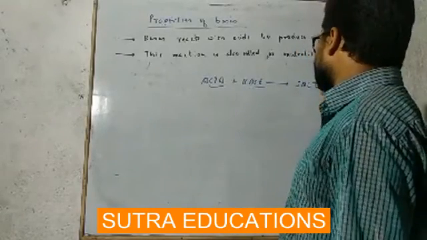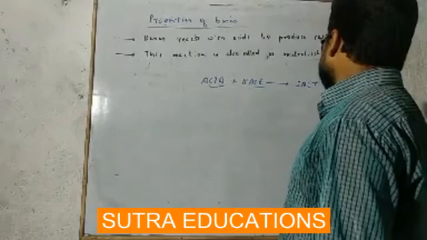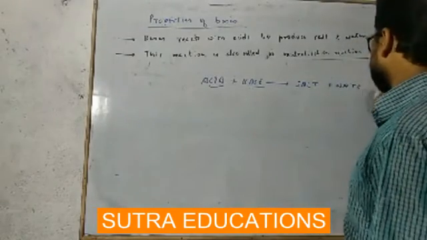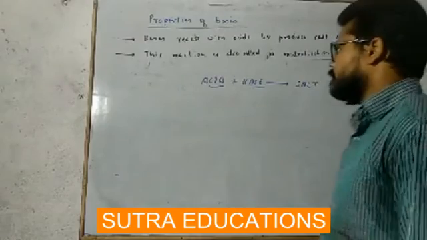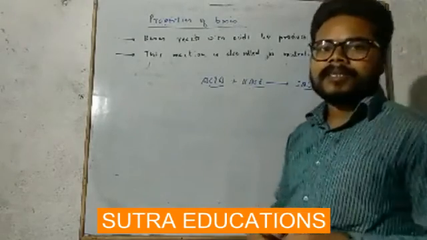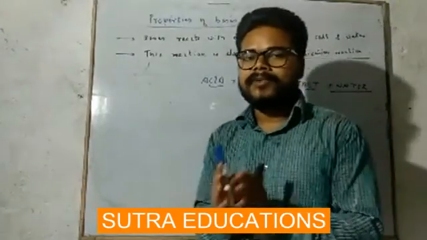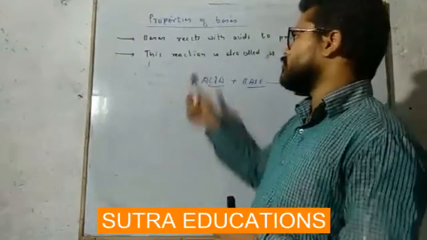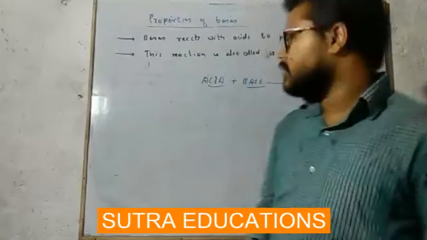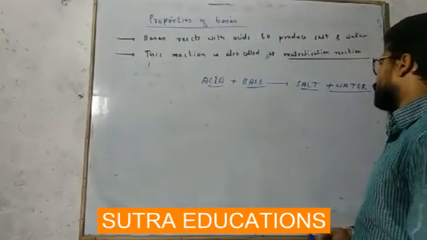And just because acid and bases neutralize the effect of each other, this reaction is also called a neutralization reaction. So in general, acid plus base gives salt plus water.